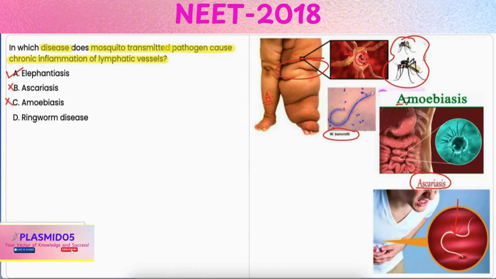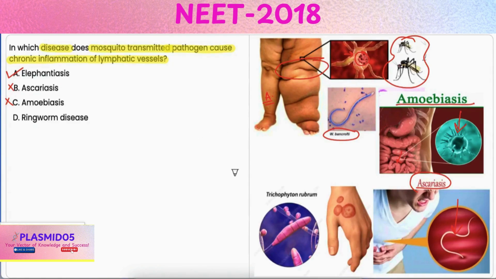Amoebiasis is caused by protozoan parasite Entamoeba histolytica, and it is also transmitted through contaminated food or water, and it affects the intestines but not the lymphatic system, and it is also not transmitted by mosquitoes. Option D, ringworm disease. This is also incorrect because ringworm is a fungal infection and not a mosquito-borne pathogen, and it affects the skin rather than the lymphatic vessels.